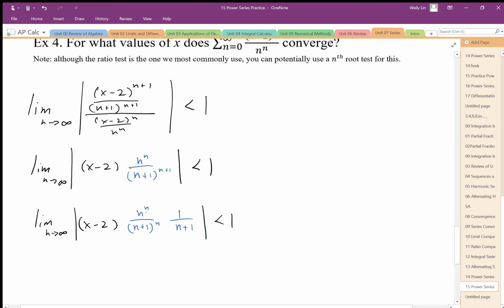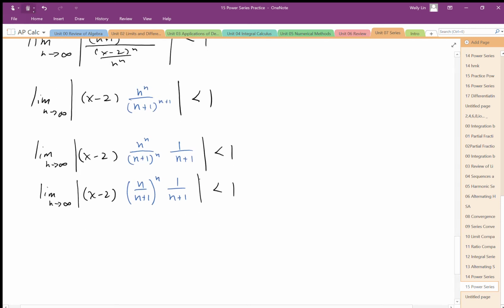So this part here, and again, maybe I'll just write one more step in here so you can see what I'm doing. So limit as n approaches infinity of x minus 2. This portion here just becomes (n over n plus 1) to the power n. So this is going to become 1 to the power n, which is 1. And then we have this part here, 1 over n plus 1, and we're going to let the limit as n go to infinity.